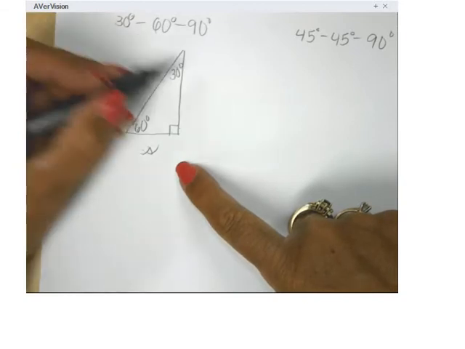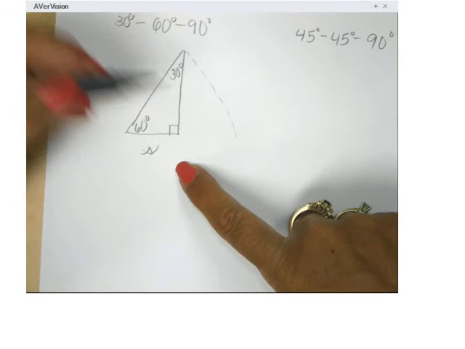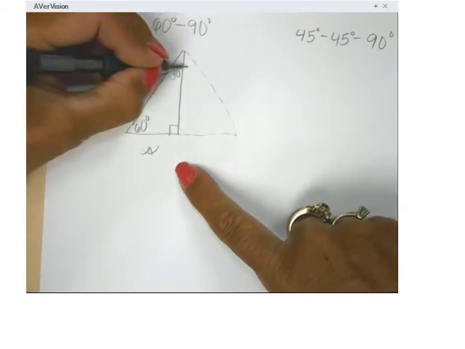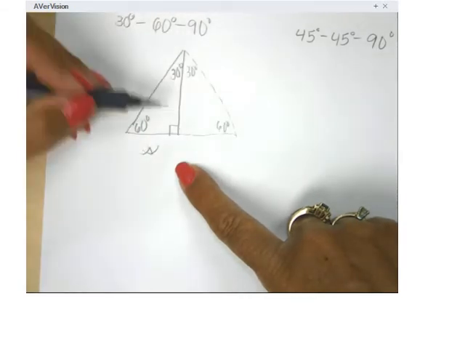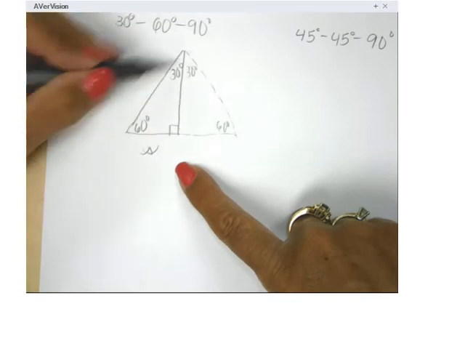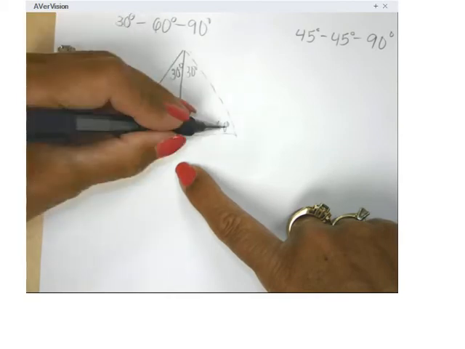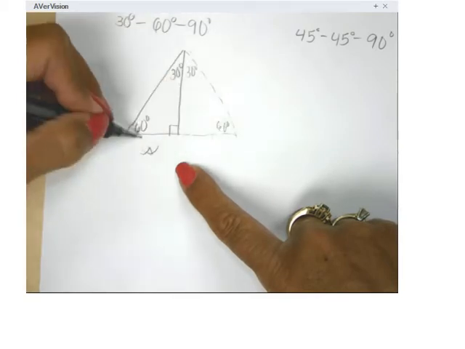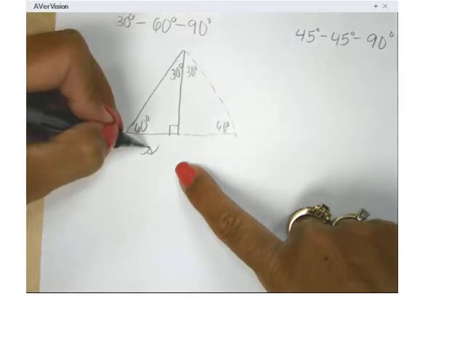Now, the unique characteristic of a 30, 60, 90 triangle is, and let me show you this real quickly, if I plopped another 30, 60, 90 triangle right next to this and had this be 30 degrees here and 60 degrees here, notice that this triangle would end up being an equilateral triangle. All of these sides would be the same, and all these angles would be the same, 60 degrees, 60 degrees, 60 degrees.